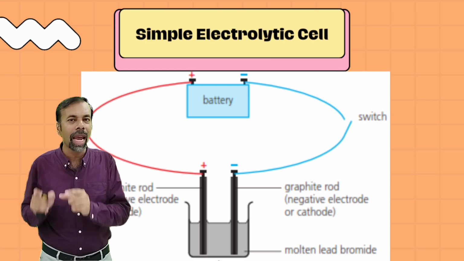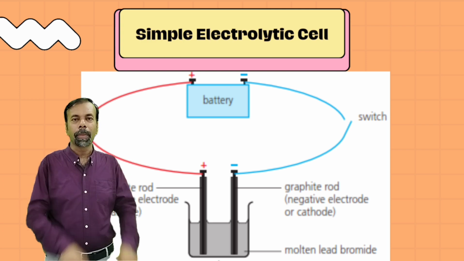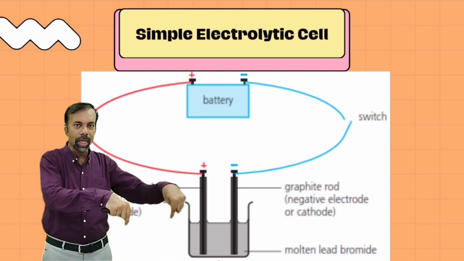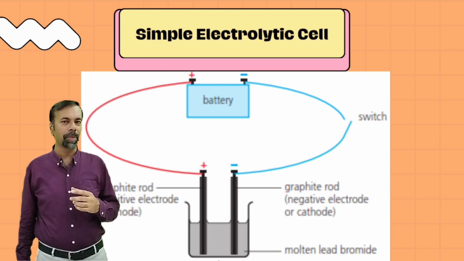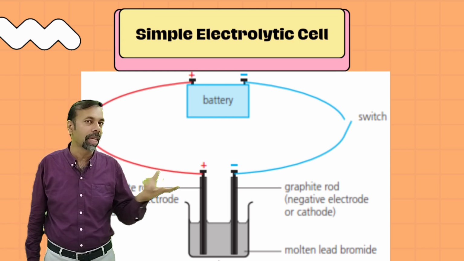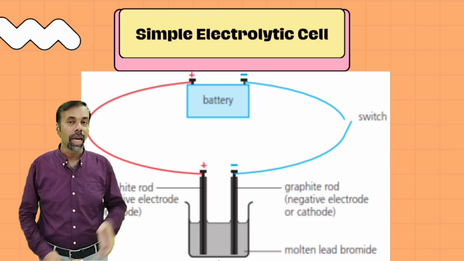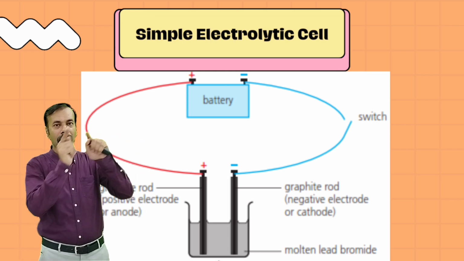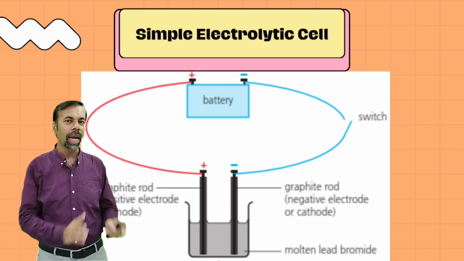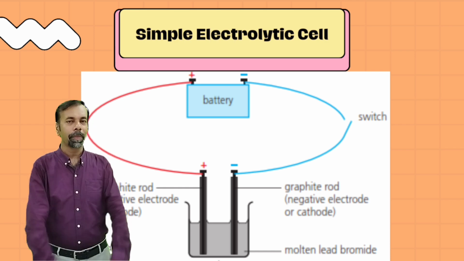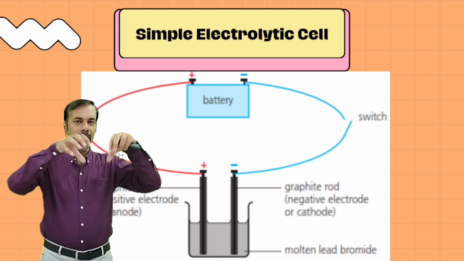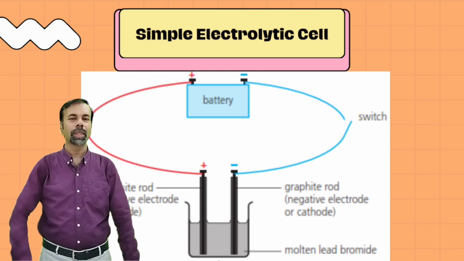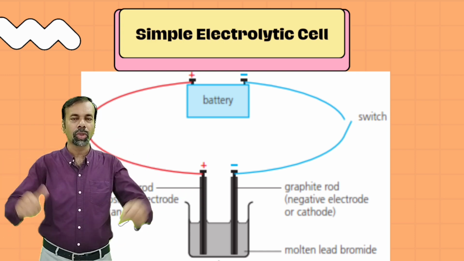It does not react with the electrolyte. You can see two rods here and a molten substance in this beaker. This molten substance is the electrolyte, and these two rods are connected by a wire and a battery between them, because we provide an external source of energy, and that energy decomposes the particles, the ions, into their atoms.